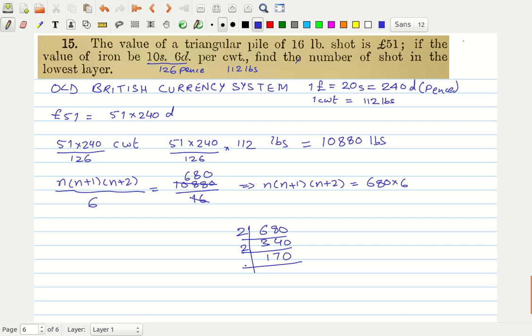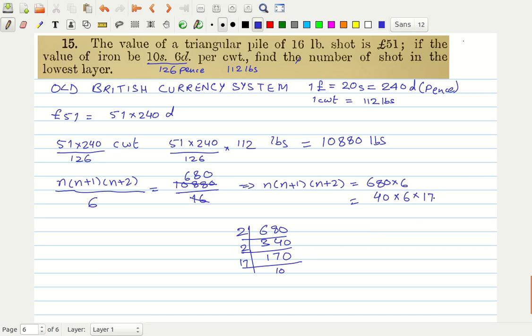I can see 17 here, so we can write this as 17 times 10, so this we can write as 40 times 6 times 17.